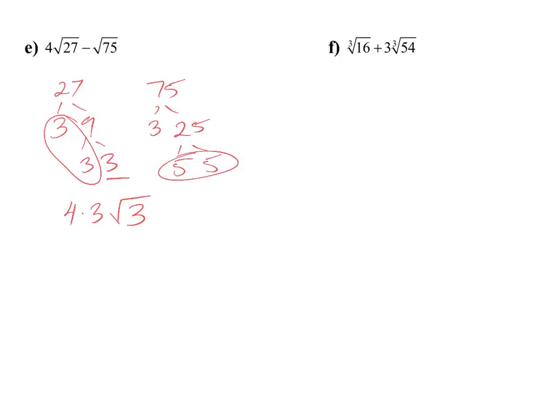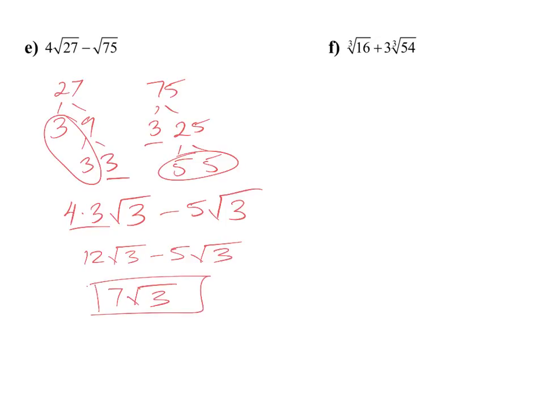Alright, so I have a pair of 5s, and I'm pulling out a 5, leaving the 3 inside, and I'm subtracting here. So first thing I gotta do is multiply these, so I have 12 square root of 3 minus 5 square root of 3, and then I have 7 square root of 3. Done with that one. On to the next.